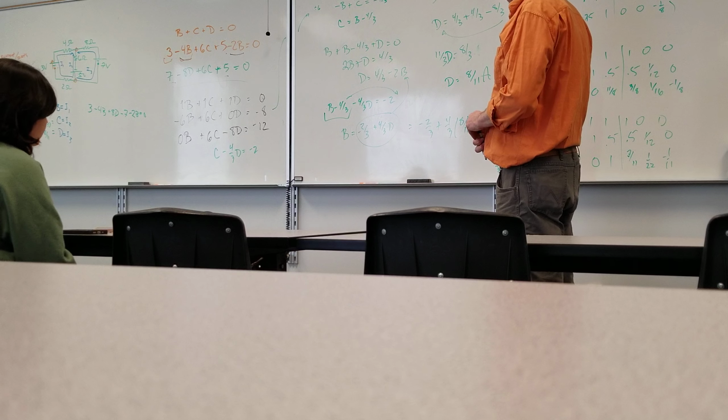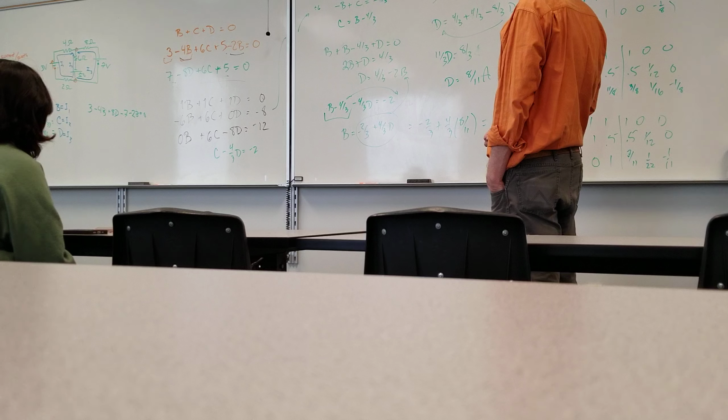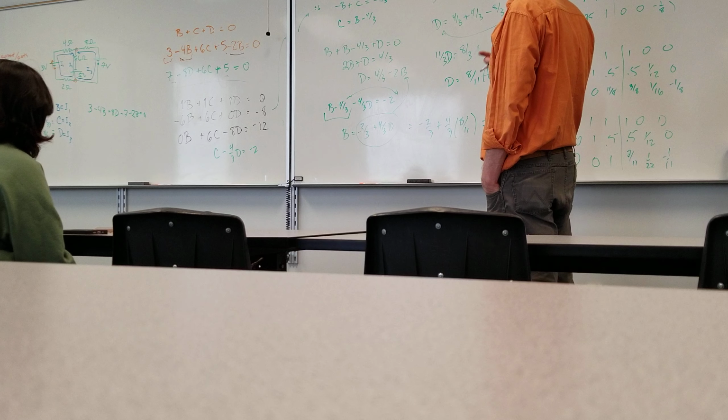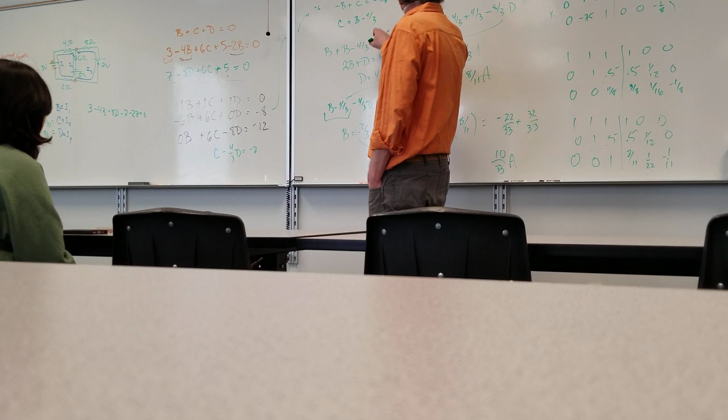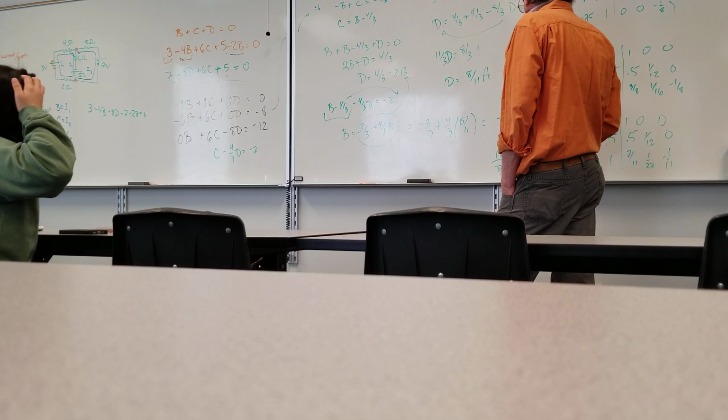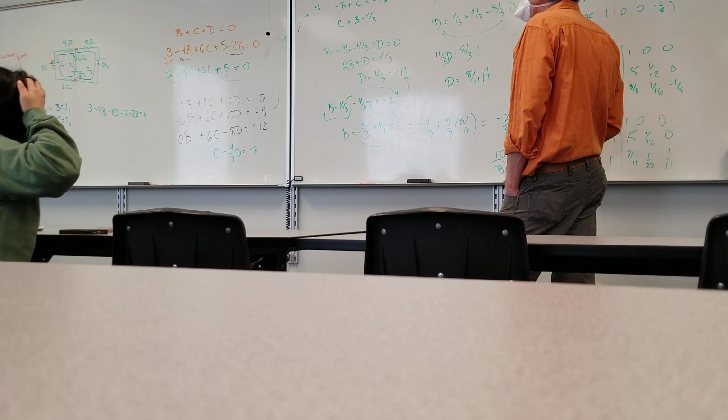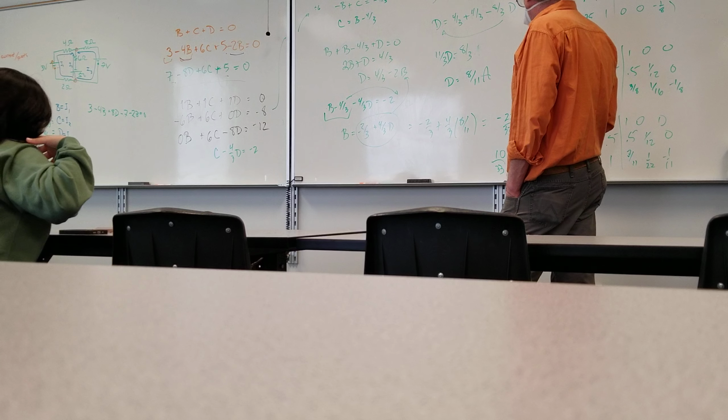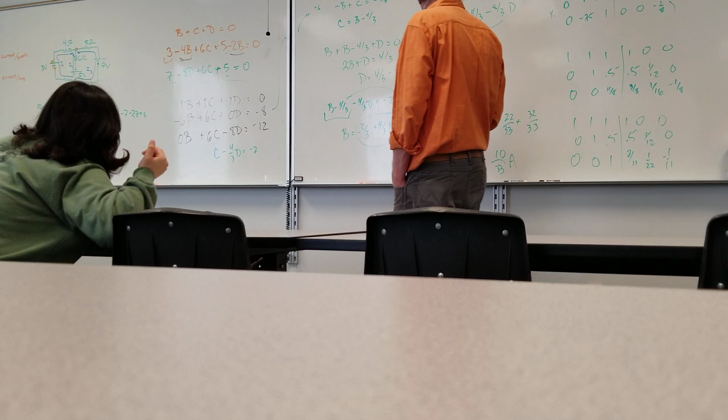And then we have b, and c should be b minus 4/3. Would be 10/3 minus 4/3. Okay, so it looks like c is maybe wrong.